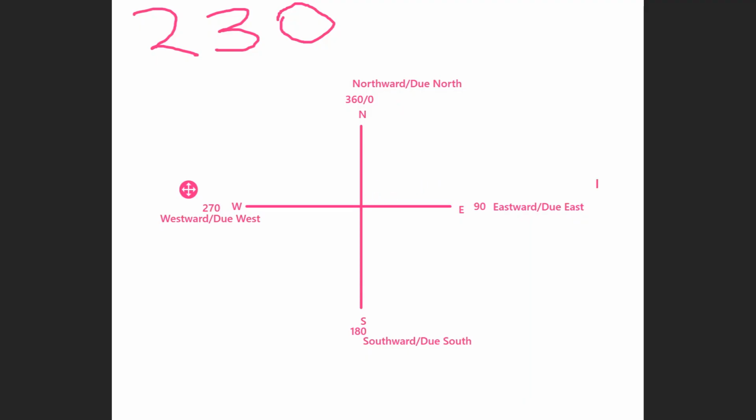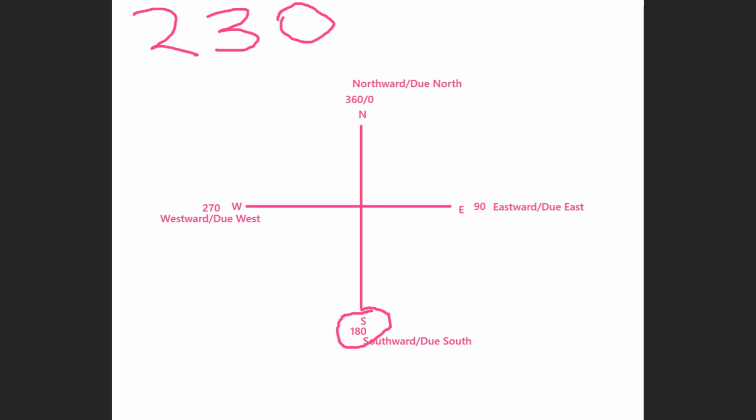And all of these internal parts here, they are all 90 degrees, 90 degrees, 90 degrees, 90 degrees. Okay, so that's what it is. So I want to make 230 degrees. 230 degrees is going to be longer than 180 degrees.